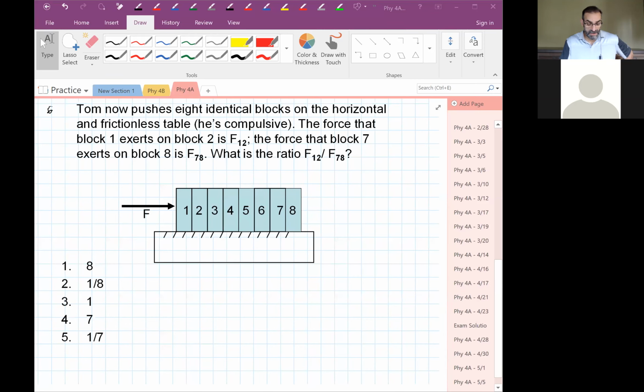What's the ratio of F12 to F78? Which one has to be bigger?